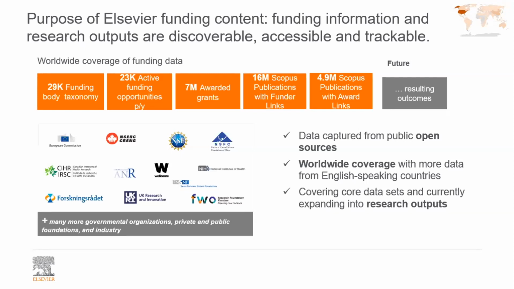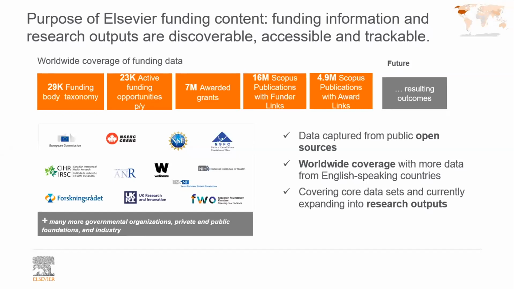And then more recently, we are focusing more and more on linking funding to outputs and outcomes. We already made good progress on connecting funding with publications on Scopus, either by connecting the funder with those publications or, when possible, going more granular and connecting the awards.